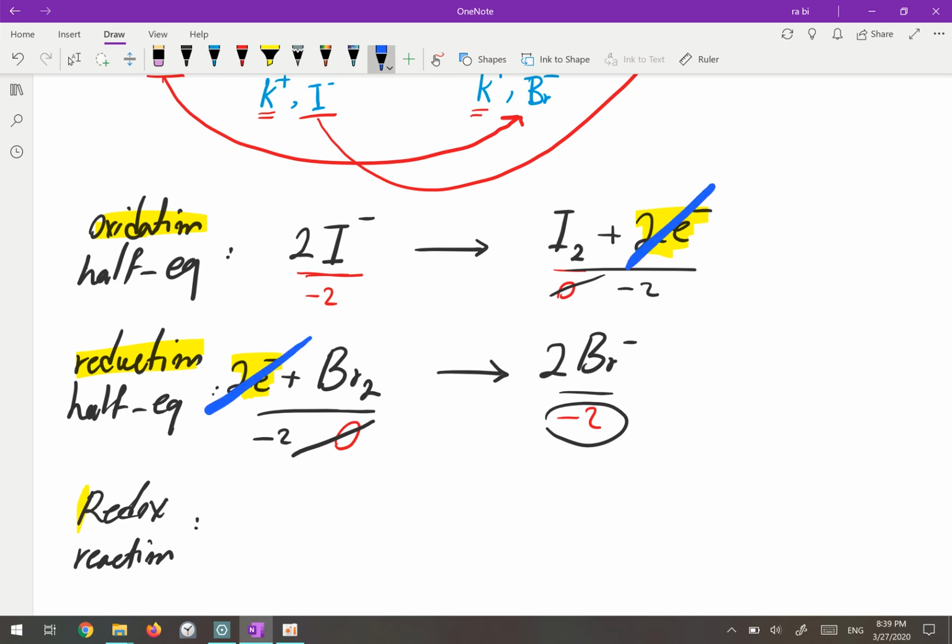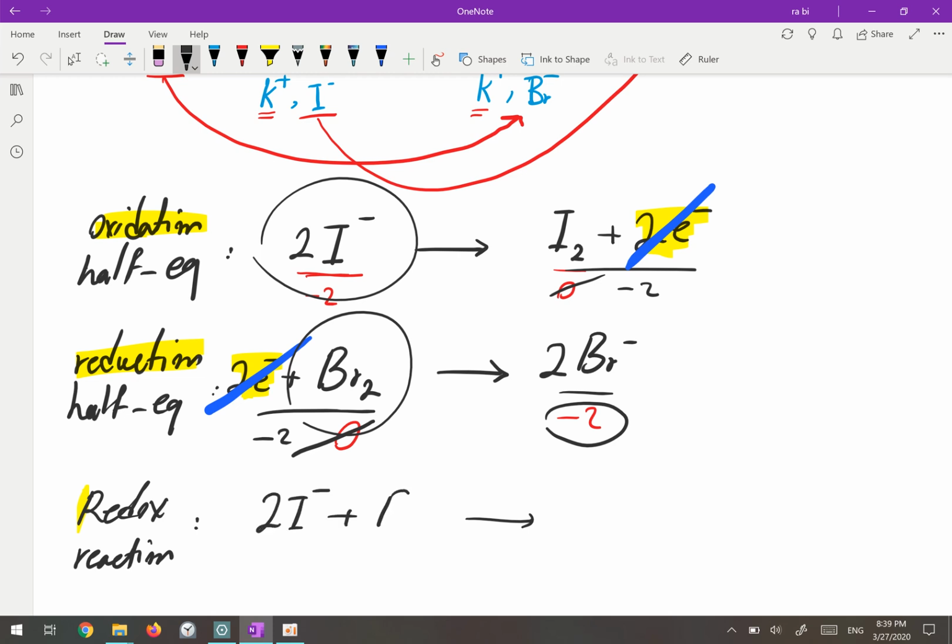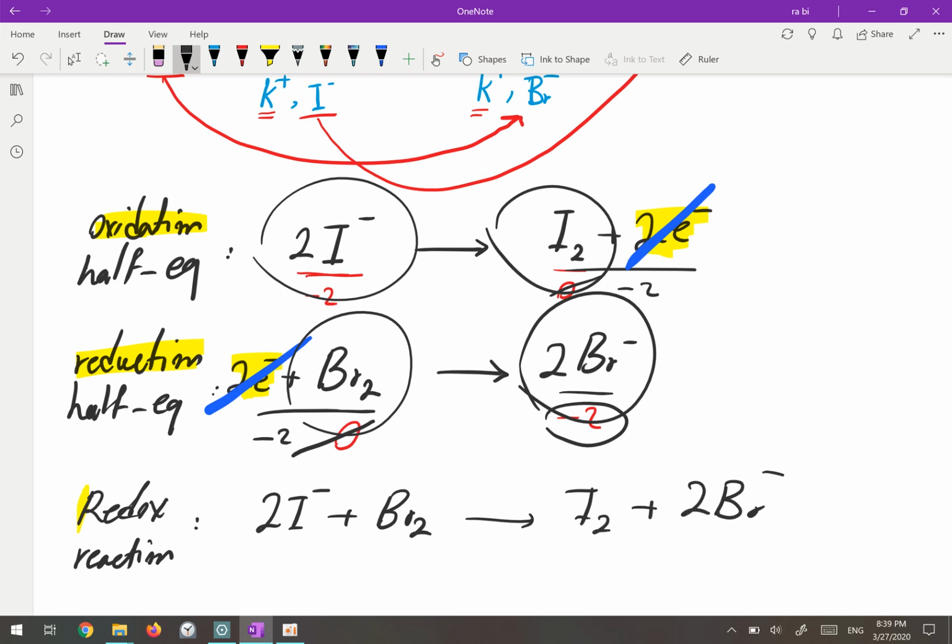These two electrons cancel out each other. So what remains at the left side, you have 2I minus and Br2. So I have 2I minus plus Br2. And what do I have at the right side? You have I2 and 2Br minus. I have I2 plus 2Br minus. This is a redox reaction.